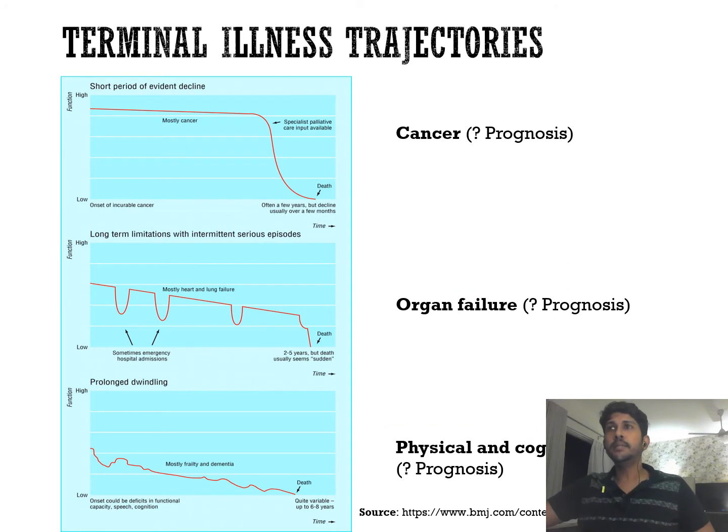Now, this is an important slide. Actually, we need to understand the illness trajectories of different illnesses if we are to care for these patients with life-limiting illnesses. All life-limiting illnesses do not assume the same course as they progress towards death, and they are essentially different.